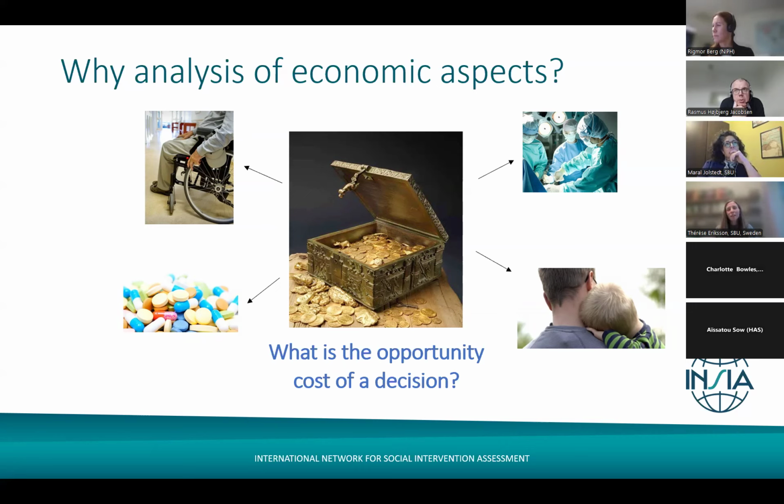Economic analysis is a method to systematically and in a structured way compare how much an intervention costs and what effects it generates. Within health economics, this has been established over quite a long time now, but within social services, we don't have the same experience. We will come into that later.